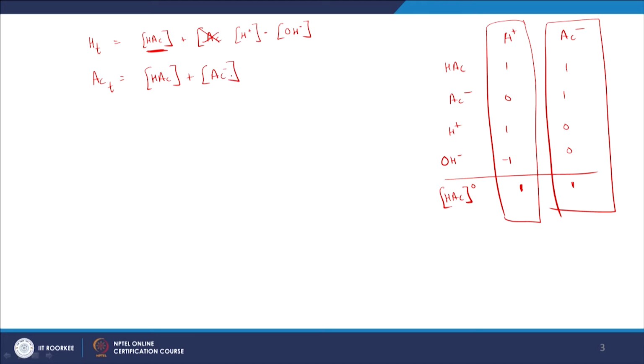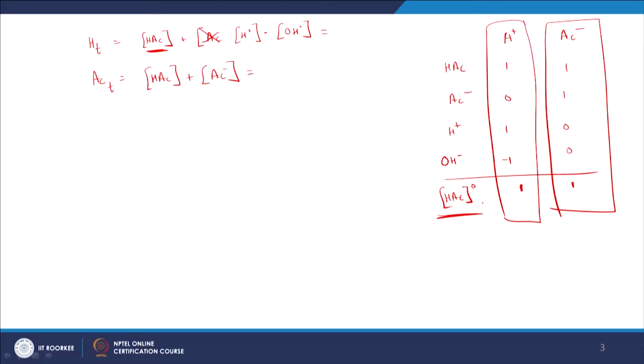So, what do we understand from this particular component balance now? If you look at the first equation for H total, we see that H is only present or can transform between HAC, H plus and OH minus. It can transform within these 3 species, and AC can transform between HAC and AC minus, but the total AC is always going to be a constant.